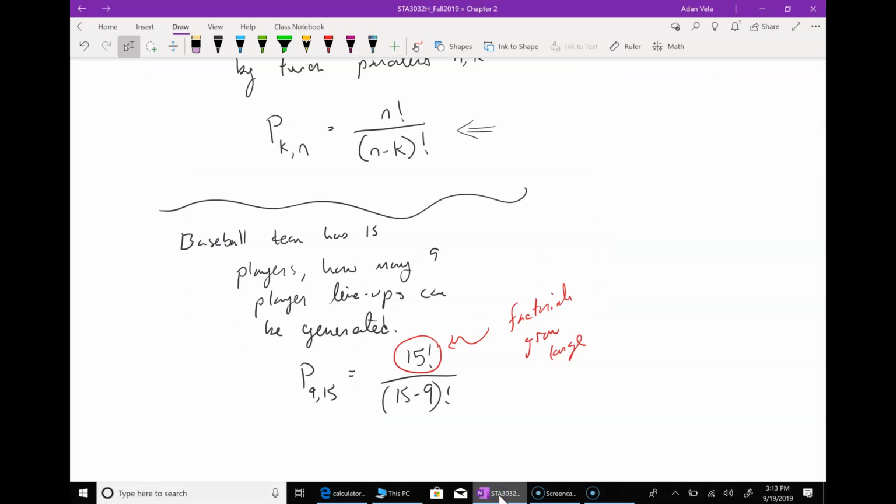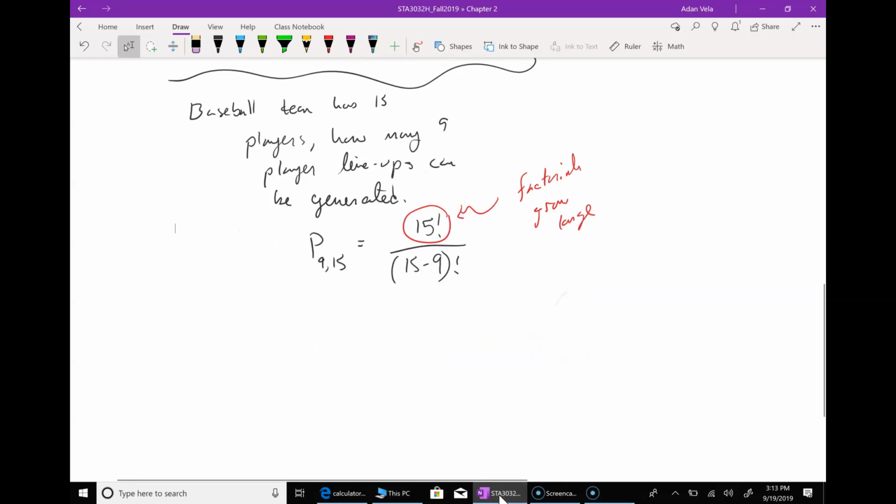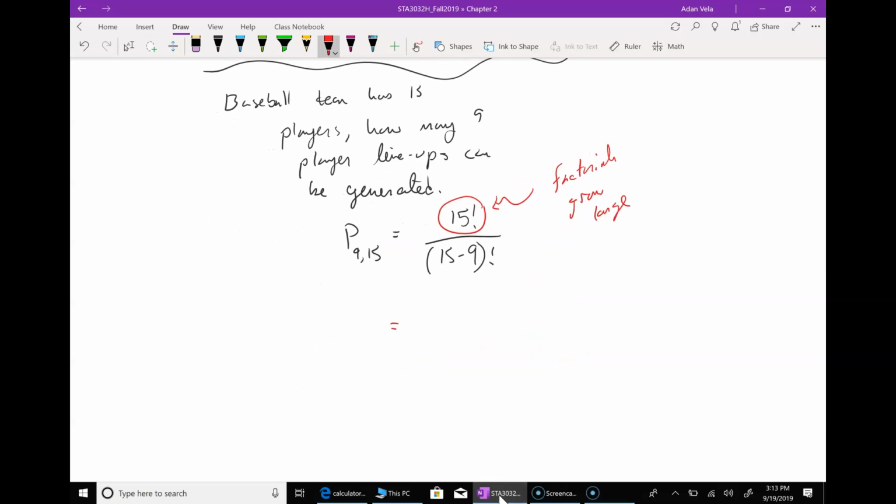Usually what we do when we're doing this calculation, we just know that we're going to end up canceling some of the multiplications, right? So again, we're going to have 15 times 14 times 13, all the way times 2 times 1.